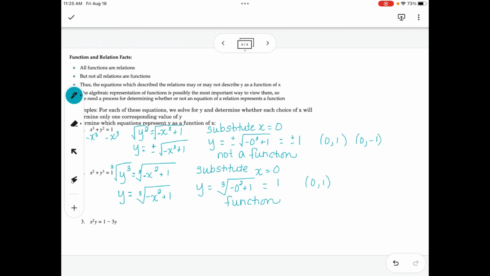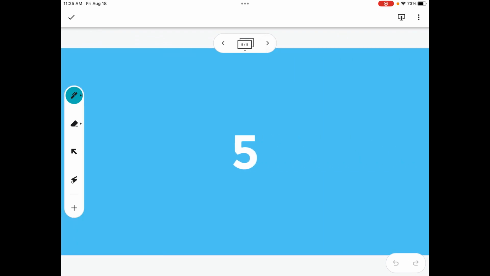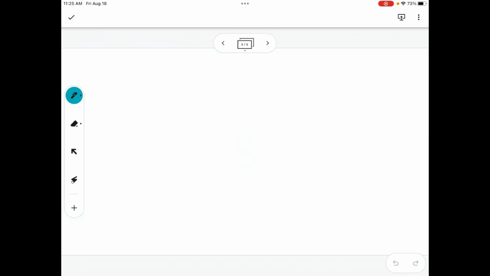I've got x squared times y equals 1 minus 3y. Well, if I need to get y by itself, let's just move to another screen here so we have some more room. So this was example 3 on this one. We've got x squared y equals 1 minus 3y. I need to get all my y's together if I need to solve for y.